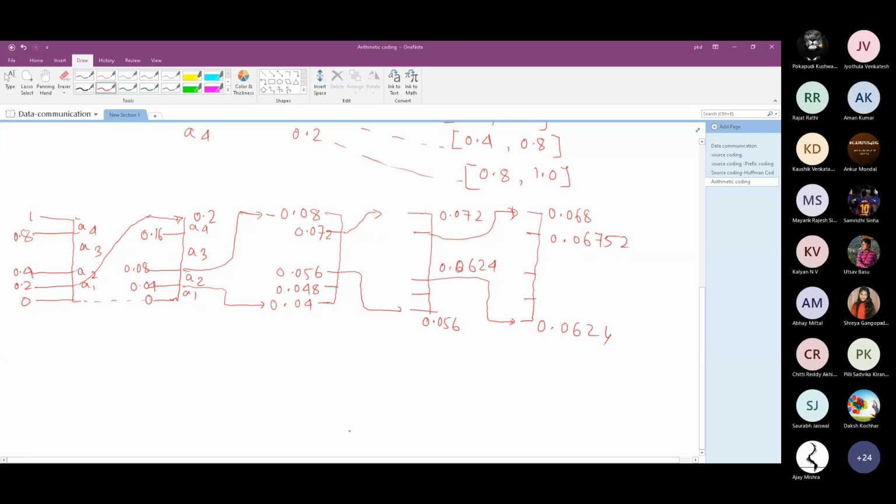Yes, upward direction, starting from 0. The last one expanded is in the middle, because here there are two divisions, so that's why we are doing it twice. And because we have 4 symbols, up to these 4 times is sufficient to give the precision of a number which can represent the message A1, A2, A3, A4.